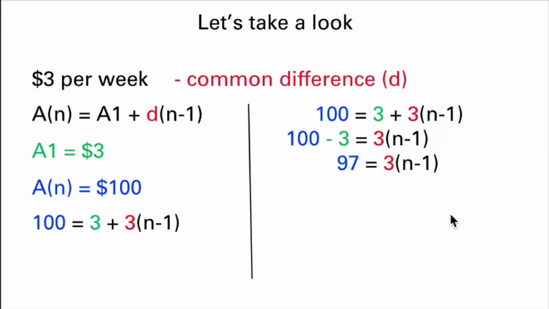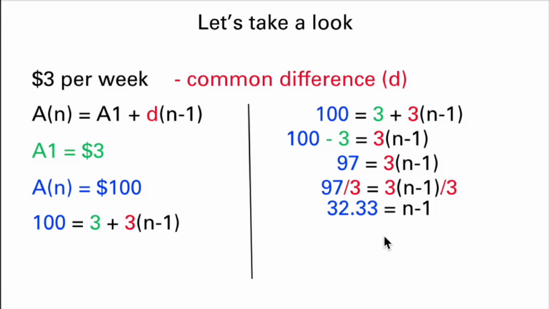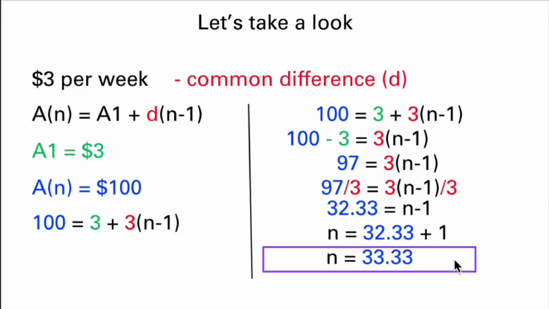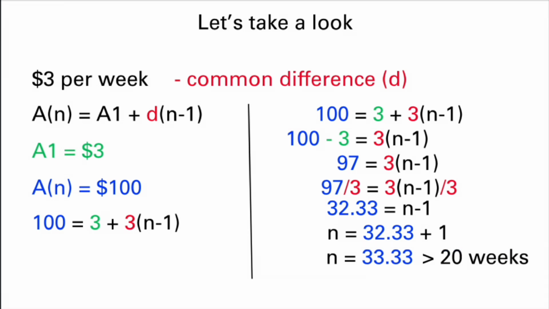After that, divide both sides by 3 and we'll get 32.33 is equal to n minus 1. So if we're looking for n, it's 32.33 plus 1. Therefore, n is 33.33 weeks, which is obviously greater than the 20 weeks that he would have taken to get his shoes if he saved up $5 per week.